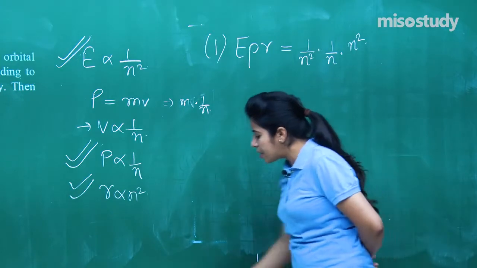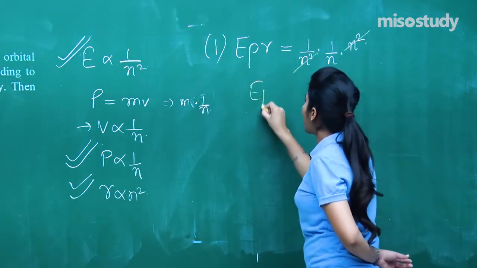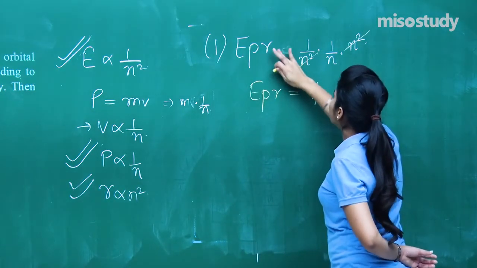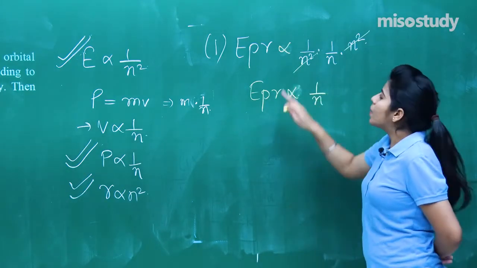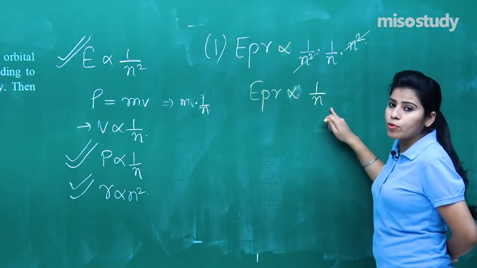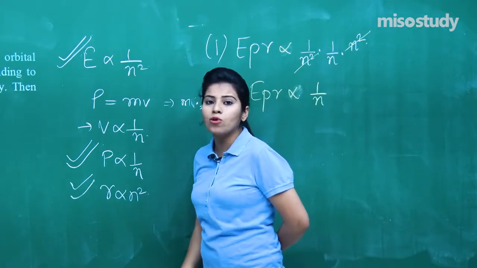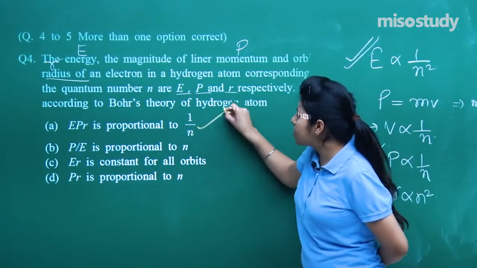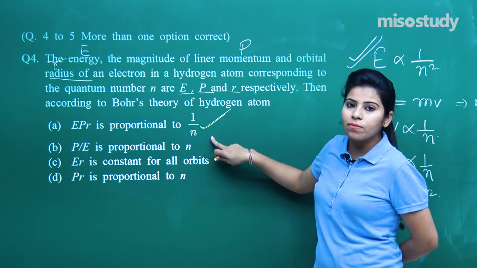So if you see here, we can cancel out n square, and so we have EPR as 1 by n. Or you can convert it into the proportional sign, because this is not equal but proportional. Now we have EPR proportional to 1 by n. Let me see whether it was there in the options or not. So yes, because they are also asking the same, that means this is the correct one. EPR has come out to be proportional to 1 by n.